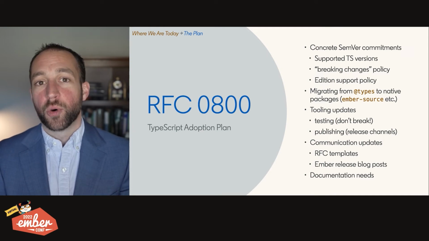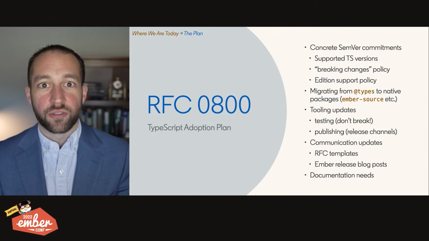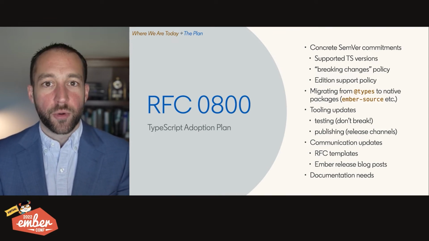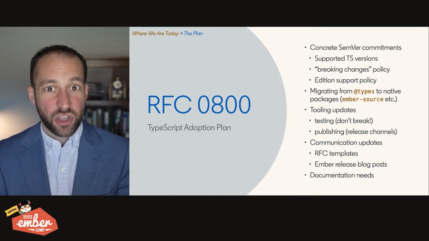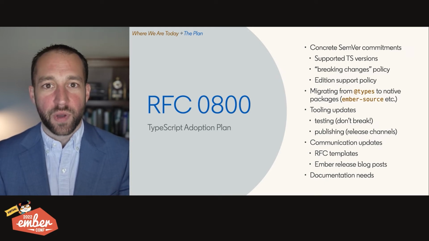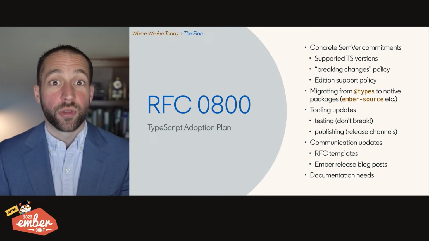We're also going to make a point to migrate everything from DefinitelyTyped to publishing from our own packages, and this is really, really important for being able to uphold that stability story, as well as to be able to do things Ember users are used to from Ember. For example, if we want to backport bug fixes, we can't do that on DefinitelyTyped, but we can when we control the types.